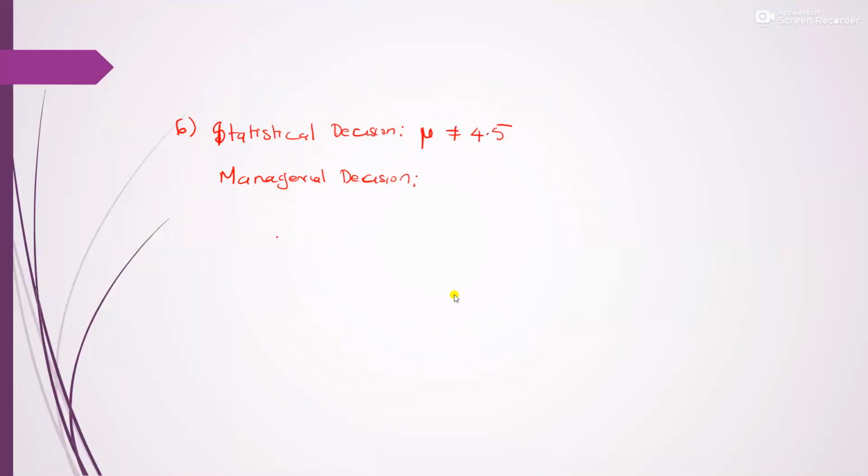So now we say that the mean waiting time, mu not equal to 4.5, so the mean waiting time to place an order has changed.